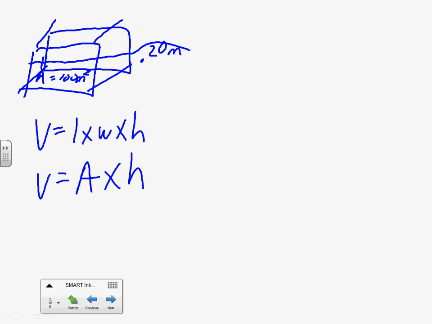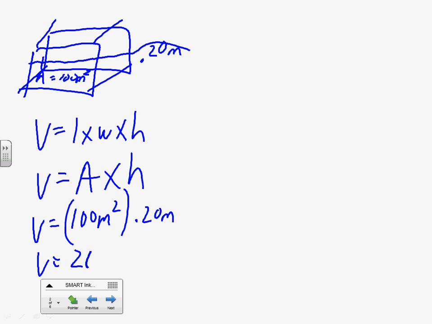So in this particular problem, volume equals 100 meters squared times 0.2 meters. When we multiply that out, we end up with 20 cubic meters. That is not only the volume of the raft that's under the water, it's also the volume of the water displaced. That's our answer to part B.